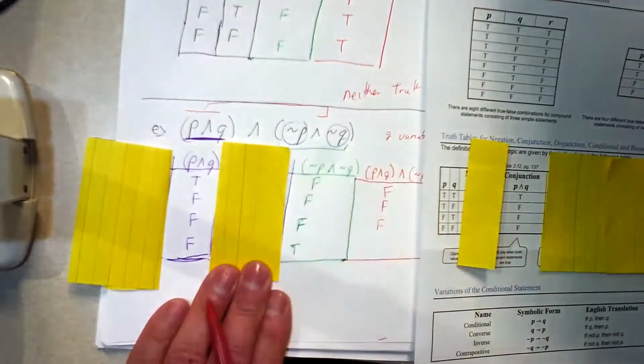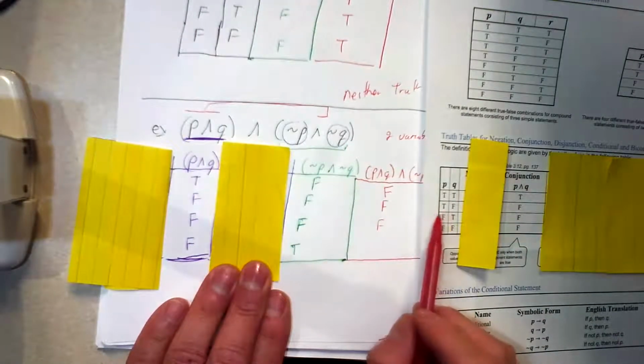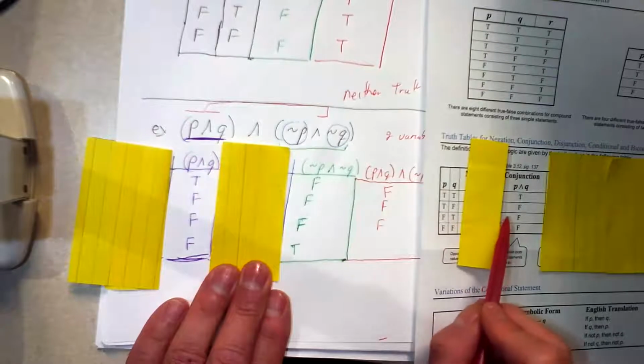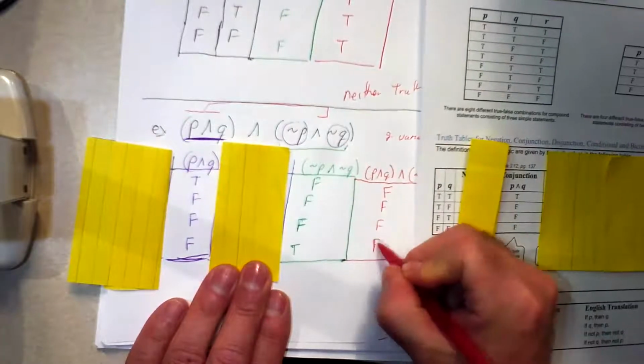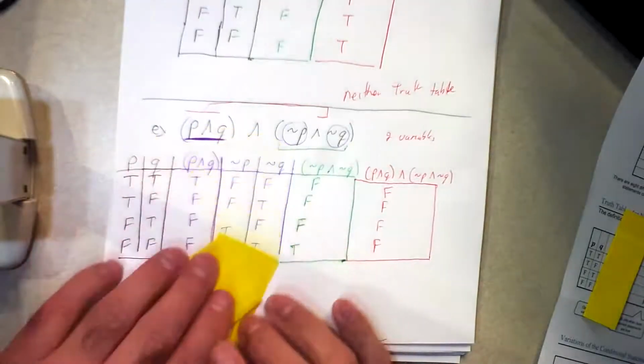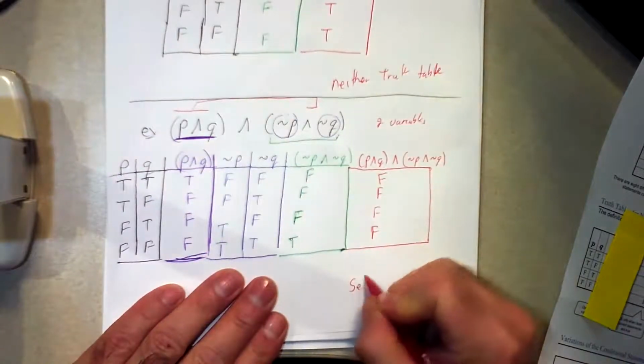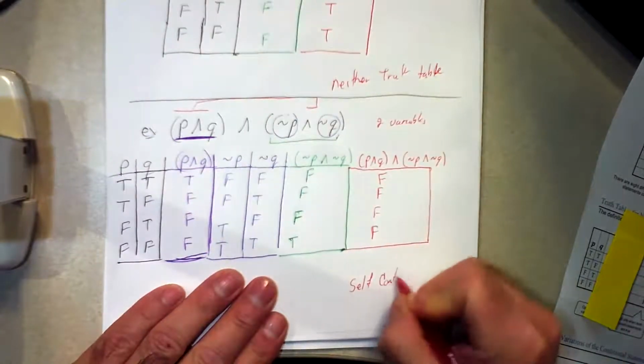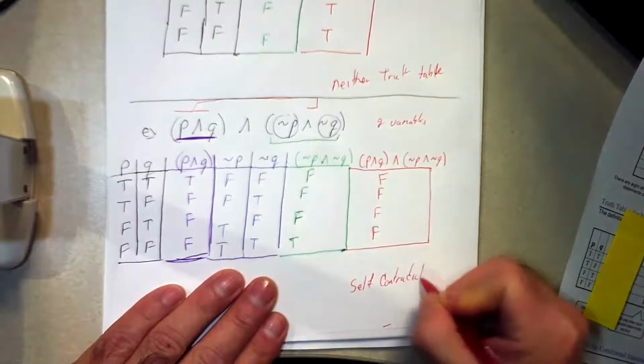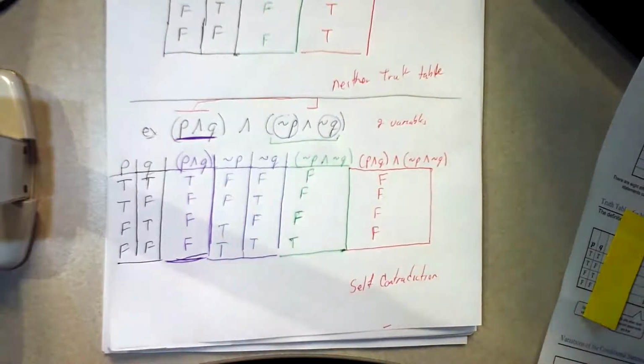And the last one is FT. FT is F. Uh-oh. Look at that. All of them ended up being F. What is that? What kind of a truth table is this? This is a self-contradiction. Amazing. Well, true.